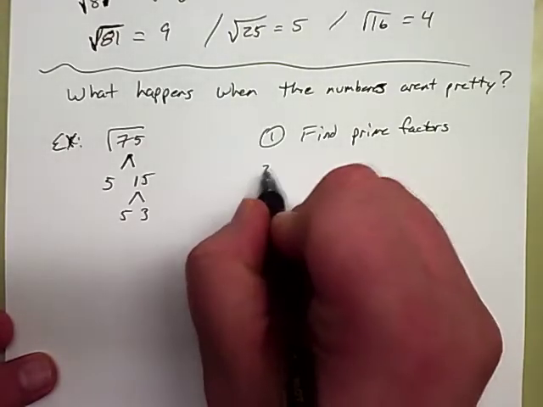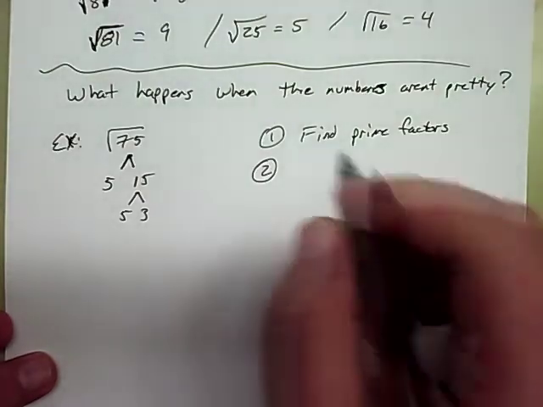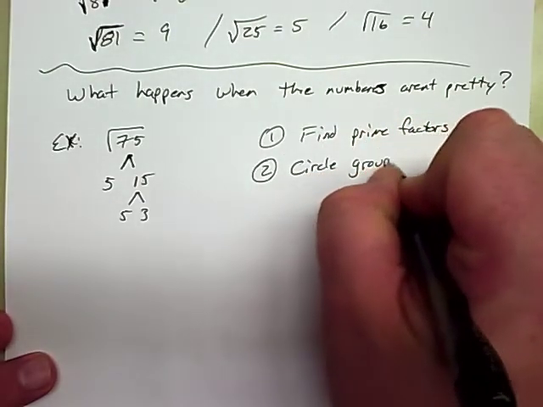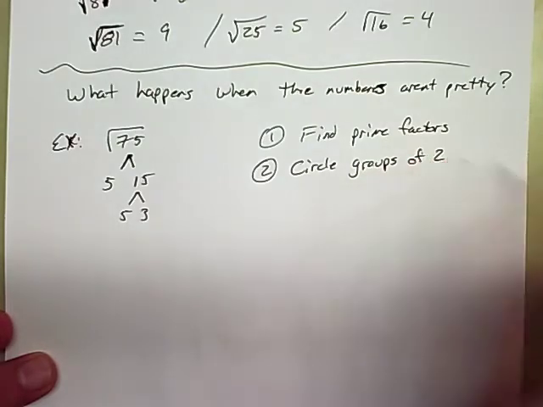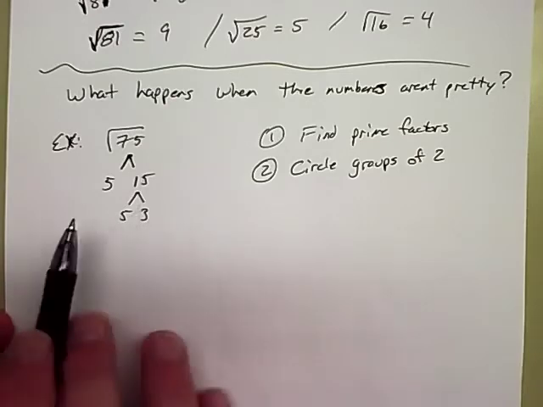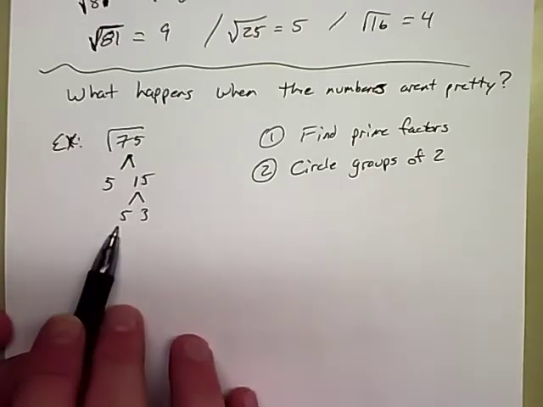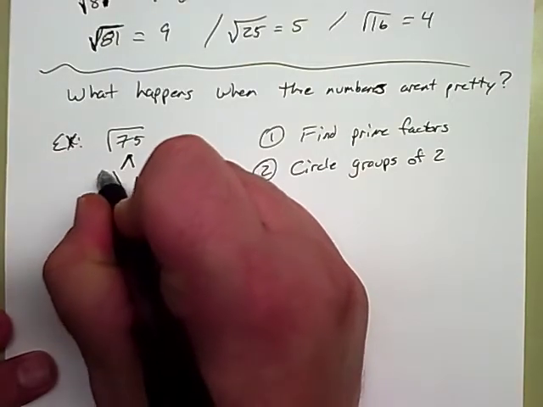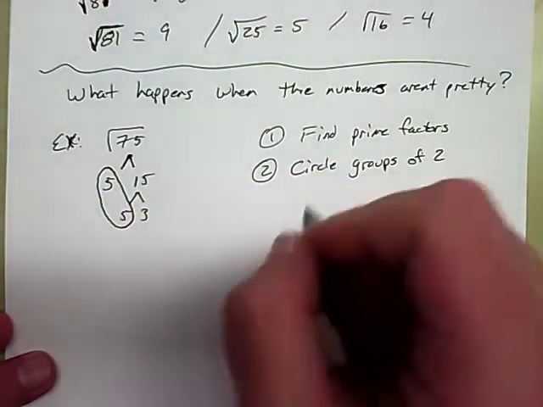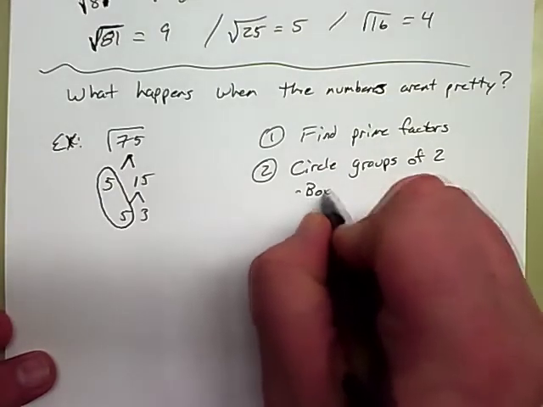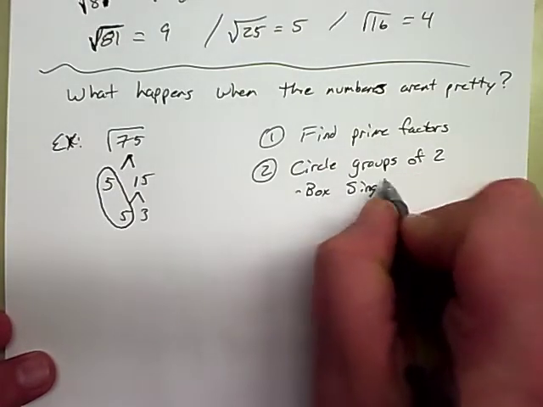The second step is to circle groups of 2. What I mean by that is 5 has another friend in 5. So I'm going to circle this group of 5s, and then I'm going to box the singles.